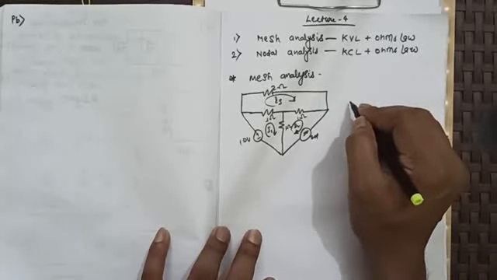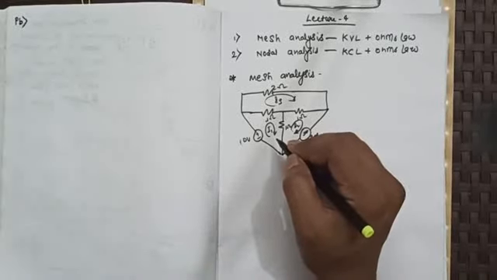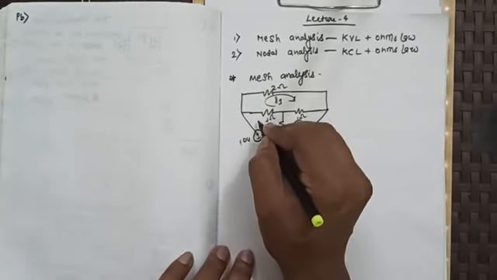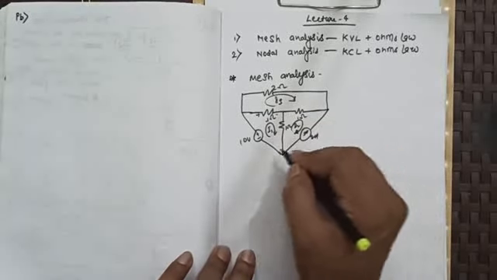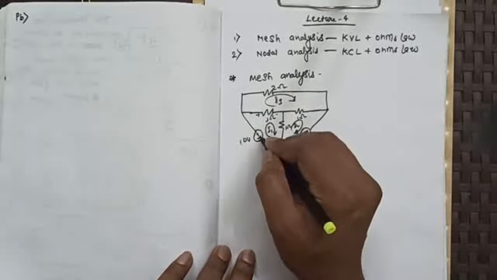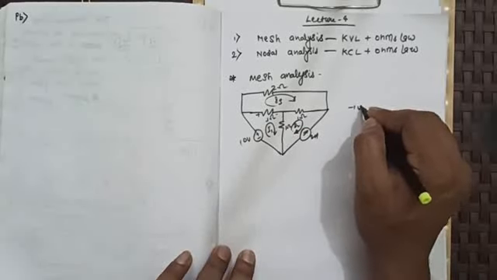In the first, since we have to write KVL, the drop will be plus or minus. So start writing KVL. First we have the negative terminal of this, so minus 10.